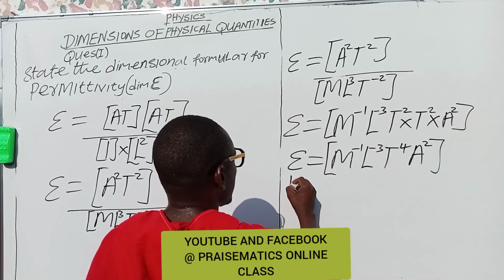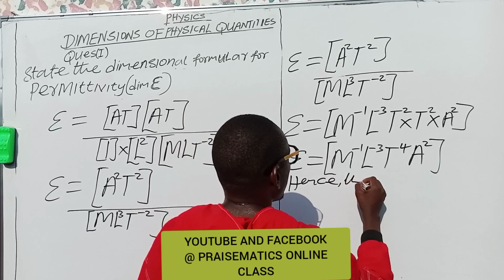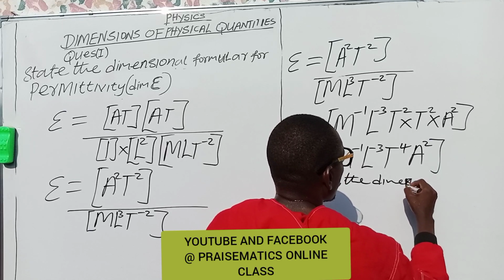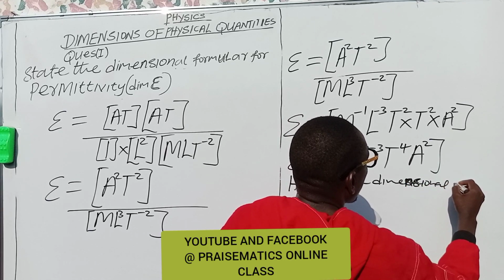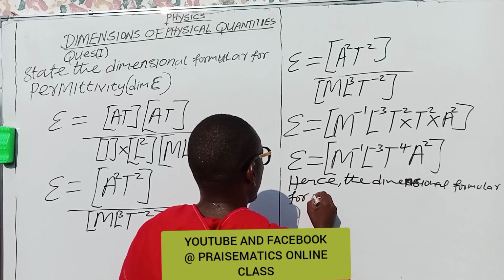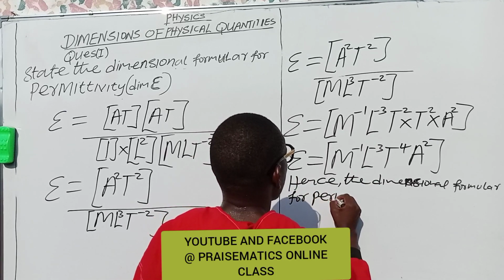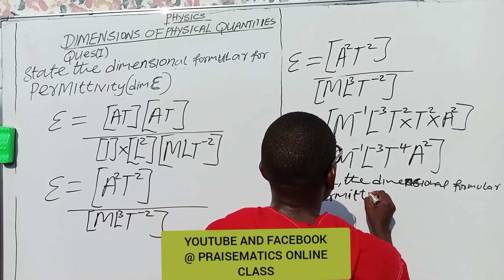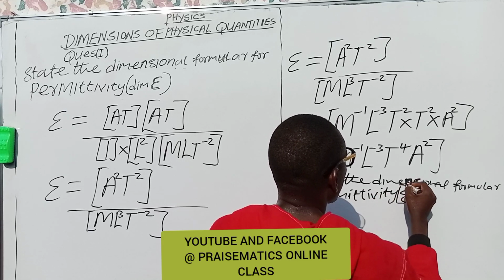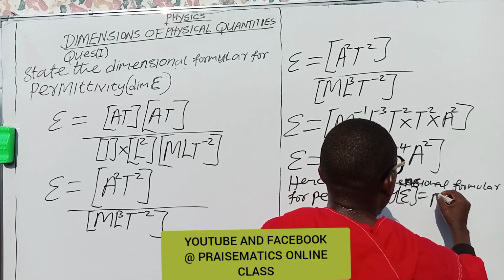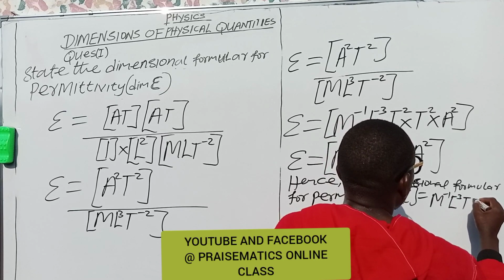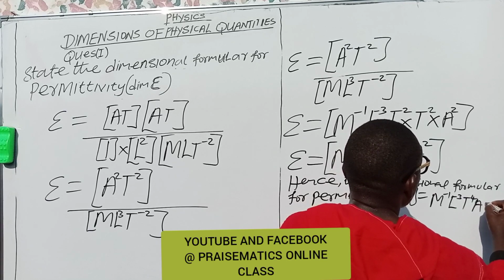And that is what we call the dimension of epsilon. So hence, the dimensional formula for permittivity, or epsilon, is equal to M power minus 1, L power minus 3, T power 4, A raised to power 2.